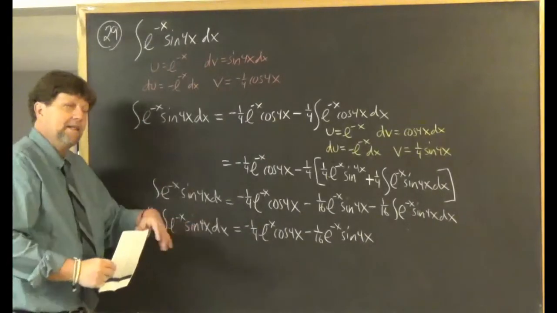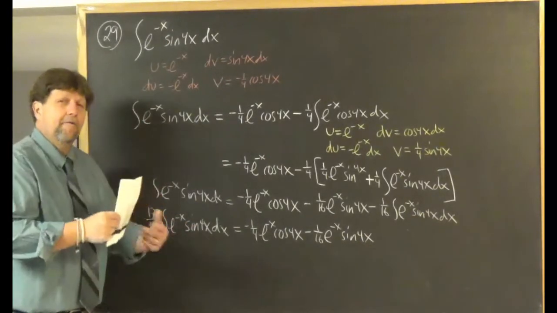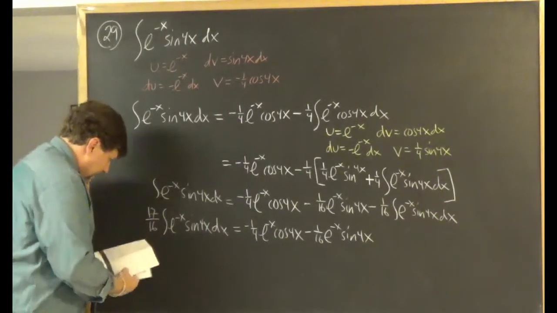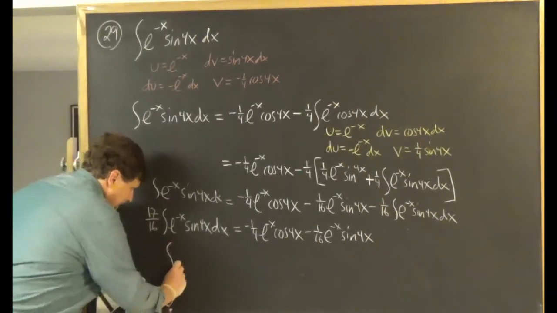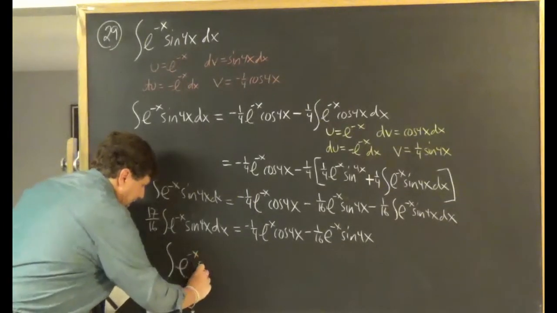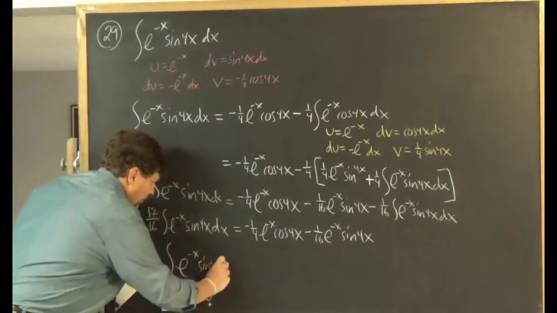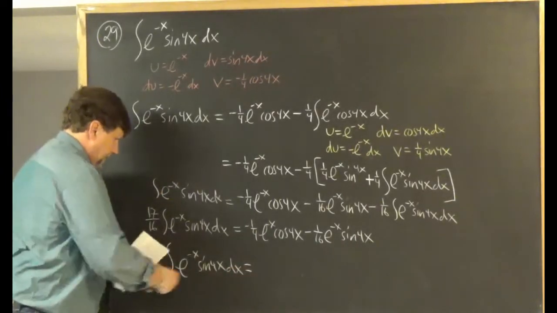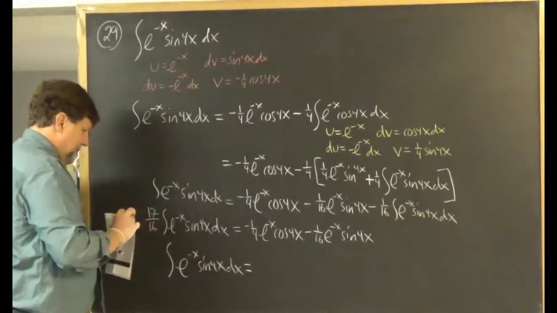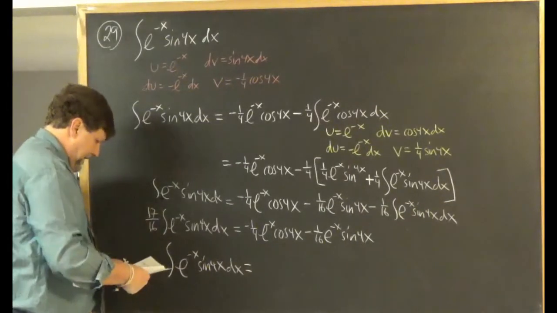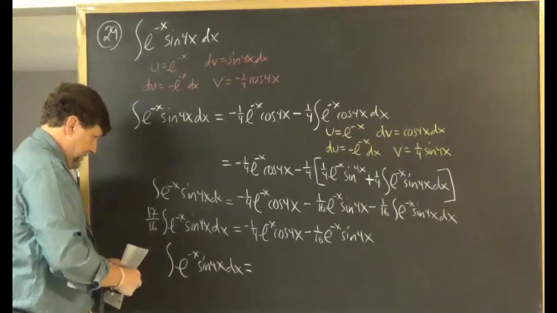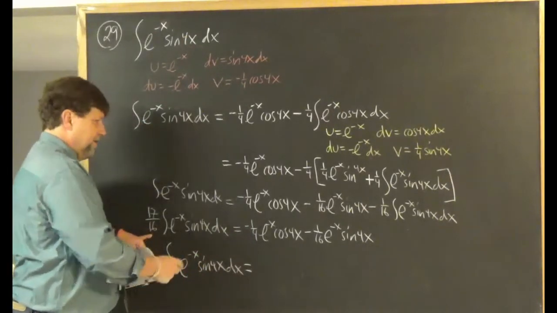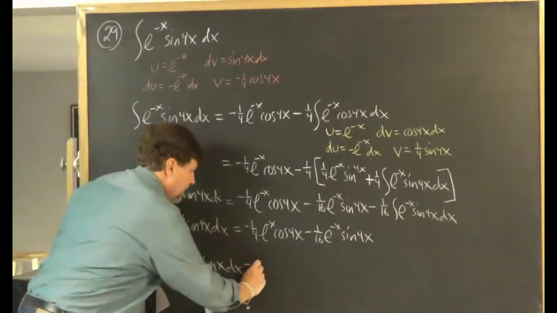and then multiply both sides by 16/17 to get this as your answer. The integral of e to the negative x sine 4x dx equals, all right, so you go ahead and multiply this by 16/17. That gives you negative 16/17, so that gives you negative 4.